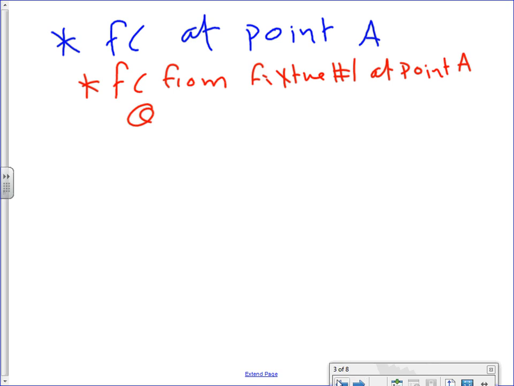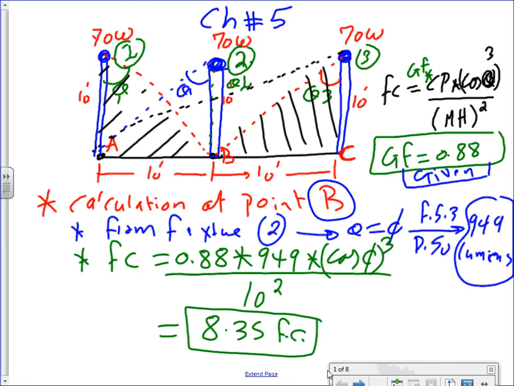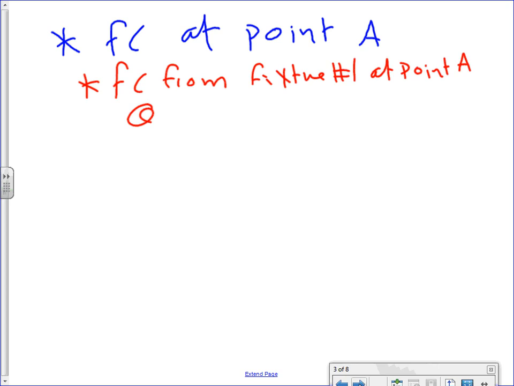There's a lot of Q's here. This is Q1 right here. We have another Q1. So that Q1 here equals big fat fluffy 0.